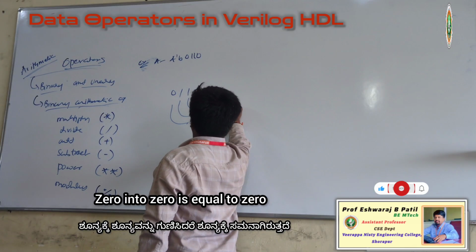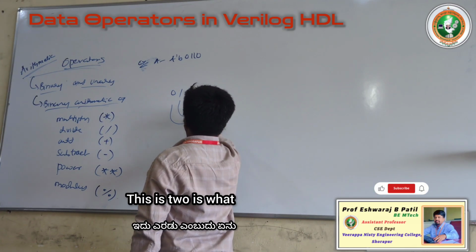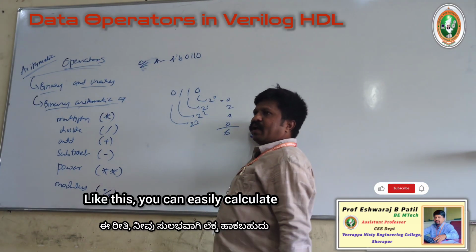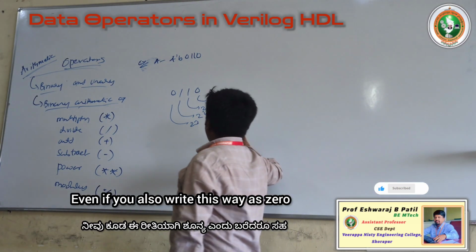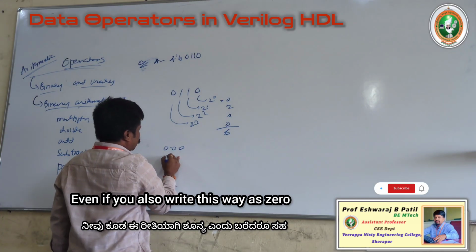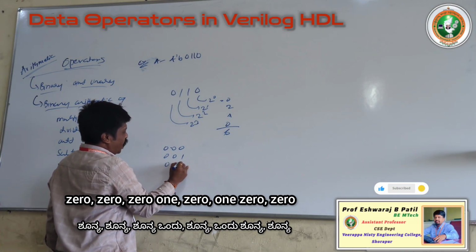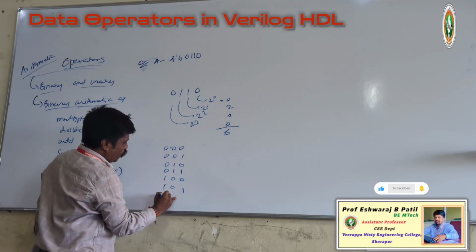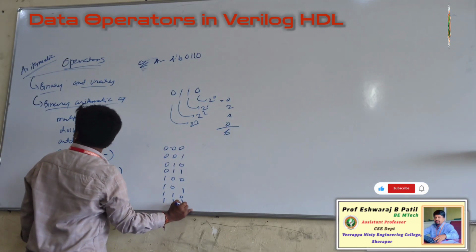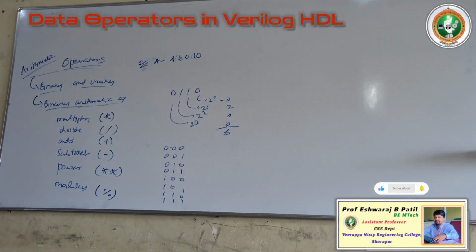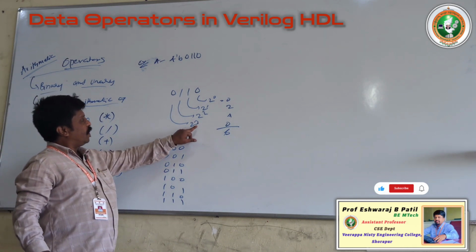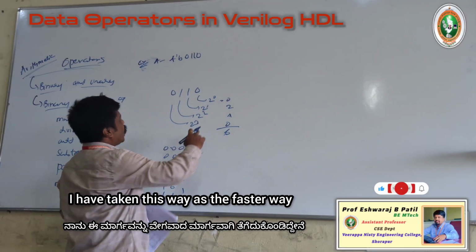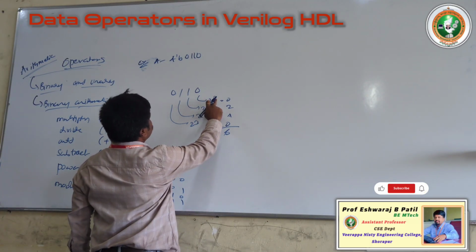The value is 2 plus 4, which is 6. Like this you can easily calculate. 2 to the power 0 is 1.